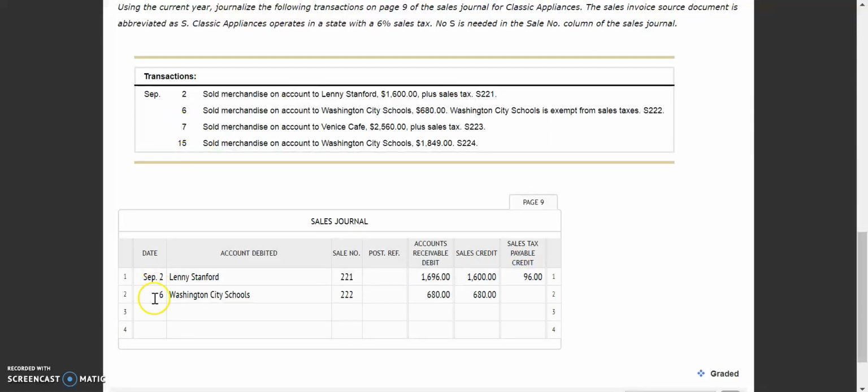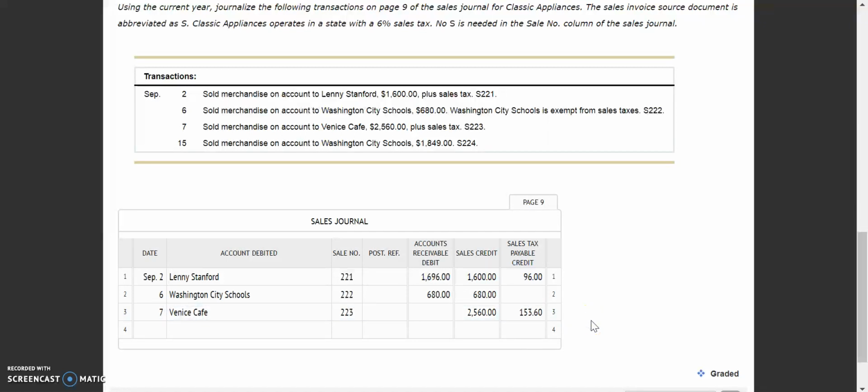Then on the 7th, we sell to Venice Cafe. And we sell $2,560 worth of merchandise. So that's what goes in our sales credit again. Again, we need to calculate our sales tax. So we take 2,560 and we multiply that by 0.06 and we get $153.60 for sales tax.